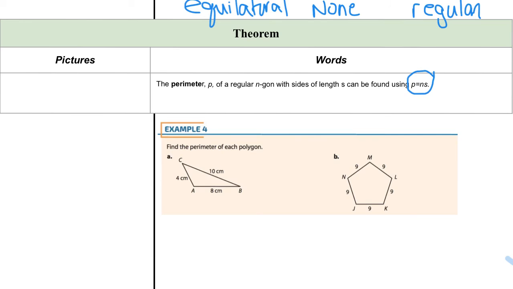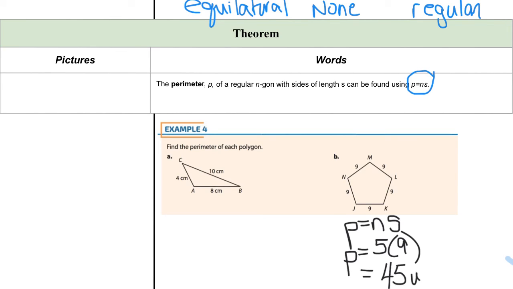So we're going to use the formula P equals n s. The perimeter is equal to the number of sides, 5 sides, times the length of each side, which is 9. So the perimeter is 45 units.